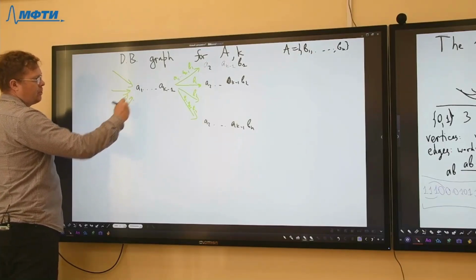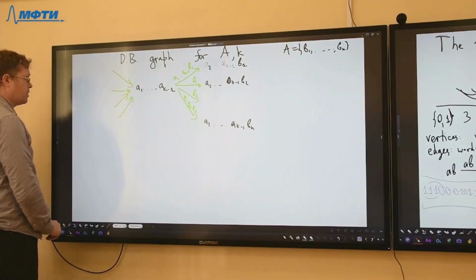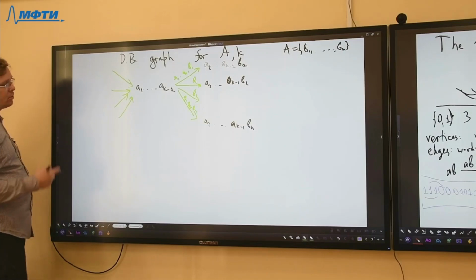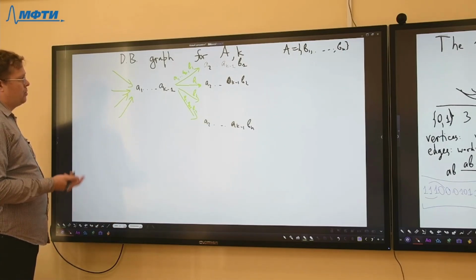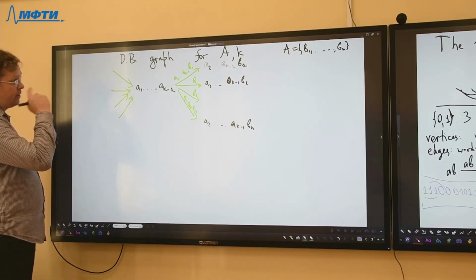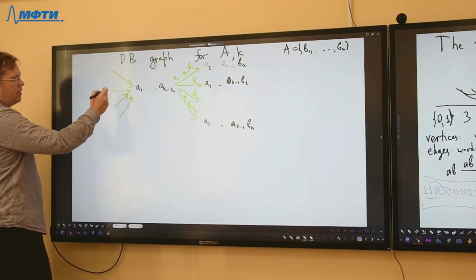For the edges coming in, I just wrote all the words of length k which begin with different elements of the alphabet A and end in a1, ..., a_{k-1}.